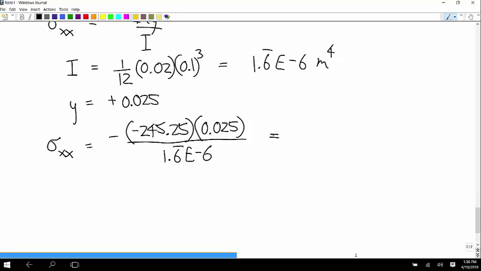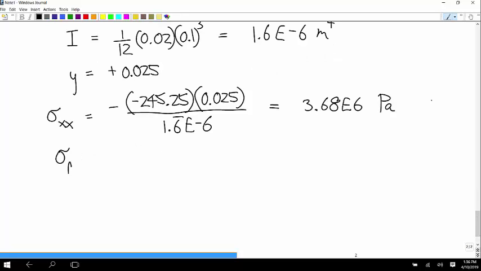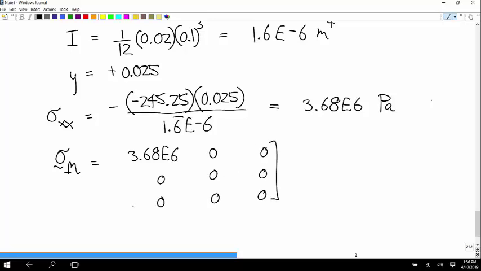And what do you get for that? Times 10 to the 6 pascals. And so the stress tensor due to the bending moment is 3.68 times 10 to the 6, zeros everywhere else. This is pascals.